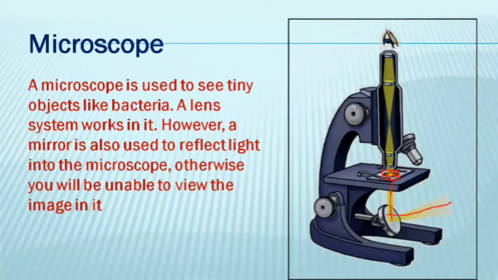The specimen is placed on plane glass, so light can transmit from here, and then there are lots of lenses through which the light passes, and we can see the smaller object in larger size, because these lenses are used to make the image bigger. We have this microscope in our labs. Inshallah, we will see this one when we go to school, and as well you might have seen it in the previous classes also.